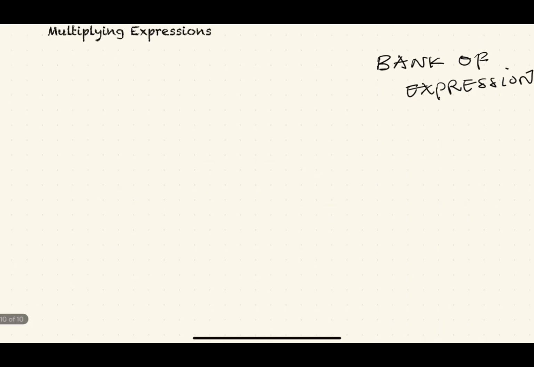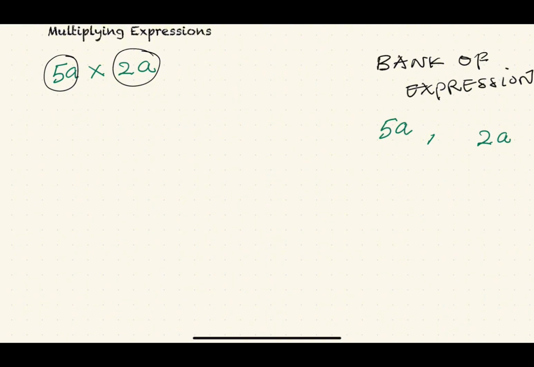Let's say 5a, and then there's a 2a. Now I want to be able to multiply these two expressions. So let's say now I come here and say 5a multiplying with 2a. What we're essentially saying right here is that this thing we don't know about is multiplying each other.